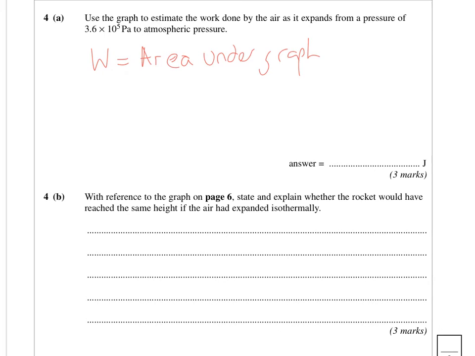The important thing is you don't go down to the x-axis, you only go down to the lowest point in the cycle, so when it reaches atmospheric pressure. So essentially you're looking at only a small section of the area, and if you do that correctly you should end up with something which is about 150 joules, and I think it gives you plus or minus 10 joules there. But the important thing is you don't go down to the 0 axis, you should only go down to the atmospheric pressure, or 1 bar, or 1 times 10 to the 5 essentially.